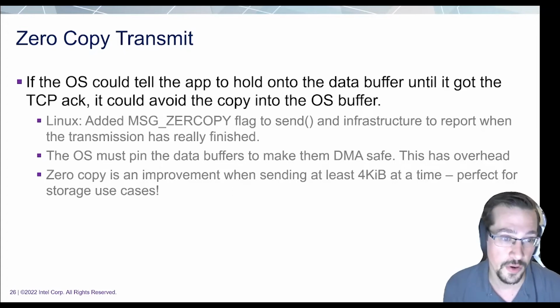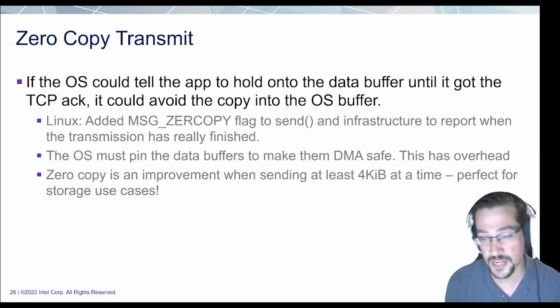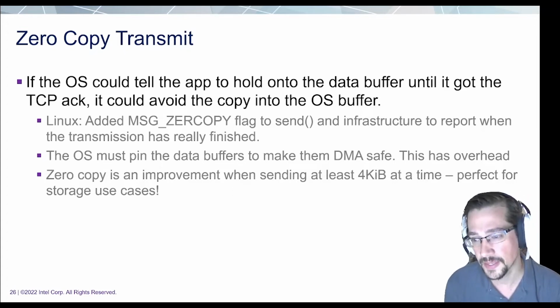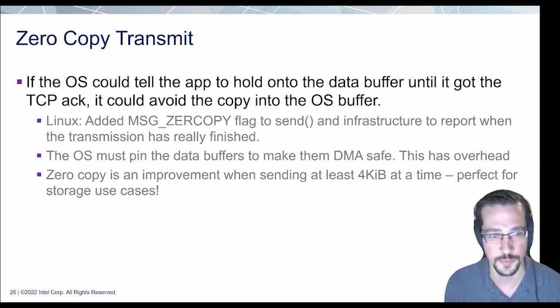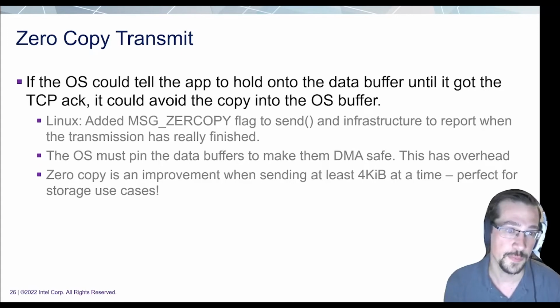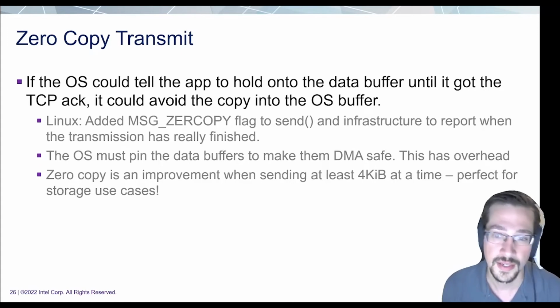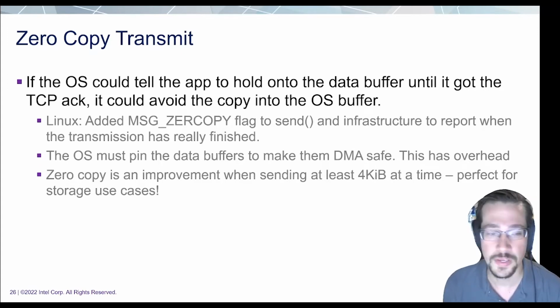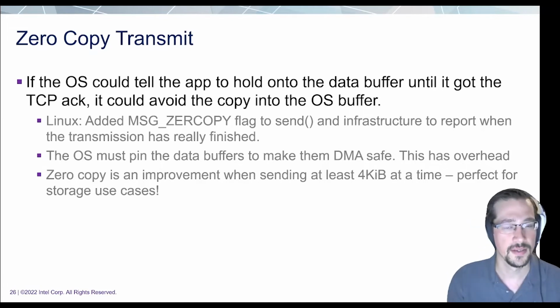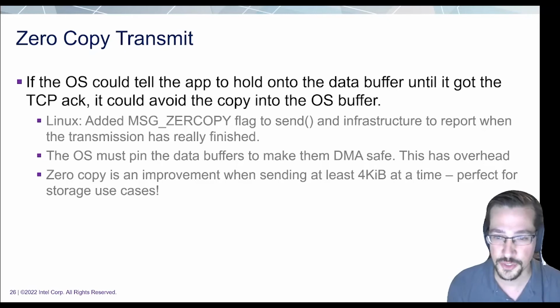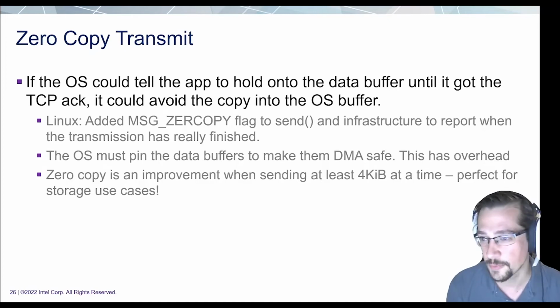In order to make this work, the OS must pin your data buffers. They have to have physical addresses that are consistent. The mappings from virtual to physical cannot change. This pinning step does have overhead. The original guidance on zero copy use in the kernel documentation says send at least 10K for this to make sense.